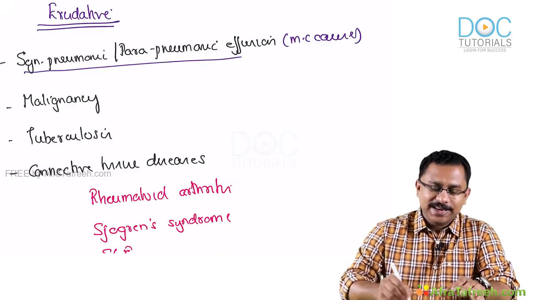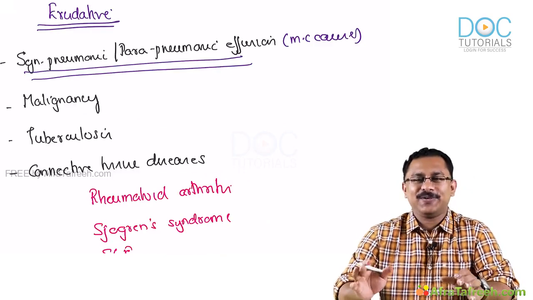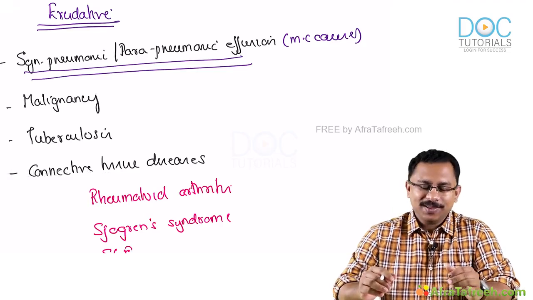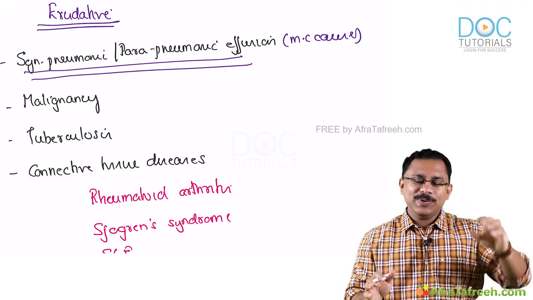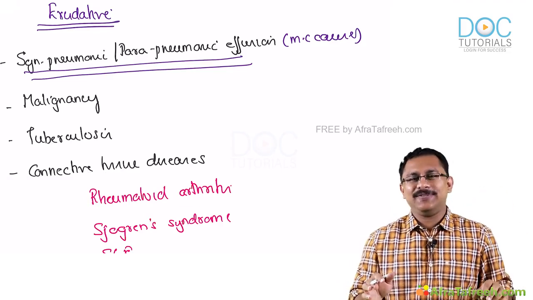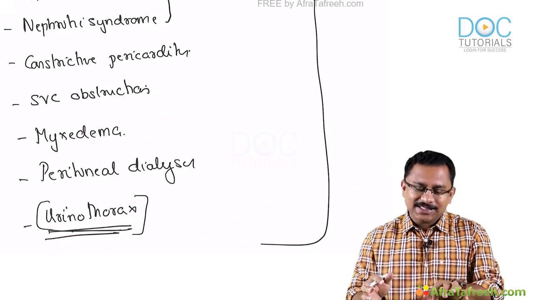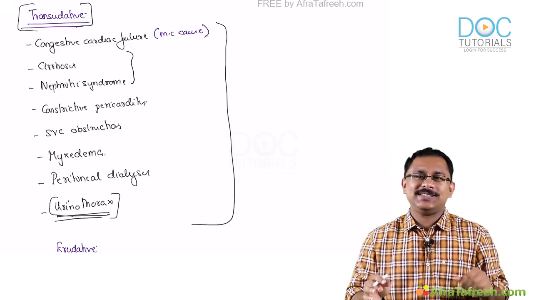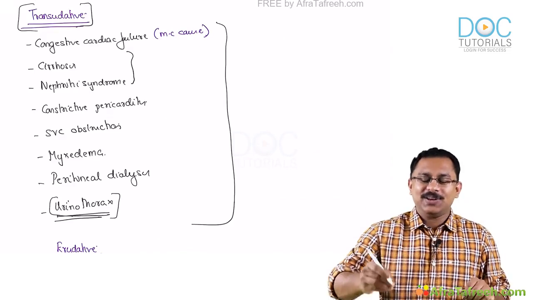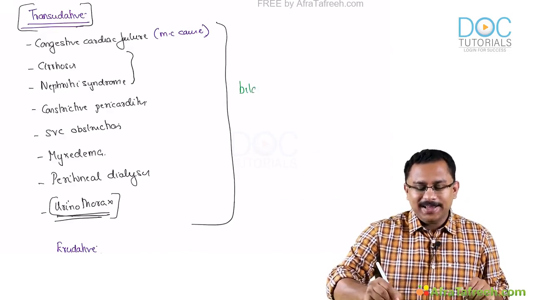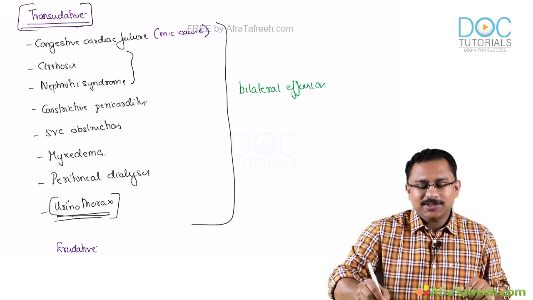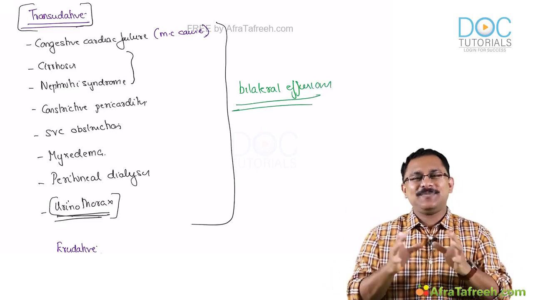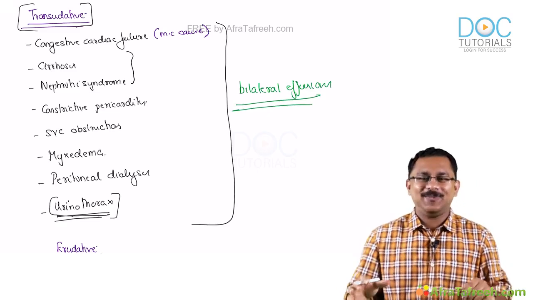First of all, your synpneumonic or parapneumonic effusion. But meanwhile, there is another point that you have got to know. We learned regarding the various transudative effusions, right? All these causes are most likely to cause bilateral effusions, because this is occurring because of a generalized problem in the pressure dynamics.